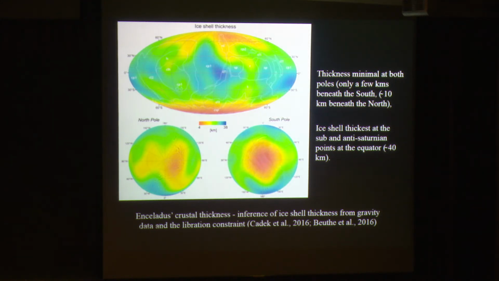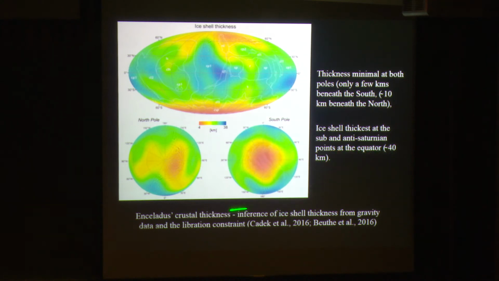At the south pole, it can be as low as 6 kilometers. At the north pole it would be on the order of 10 kilometers. The average would be 20 kilometers. But at the equator, you can get values as high as 40 kilometers.